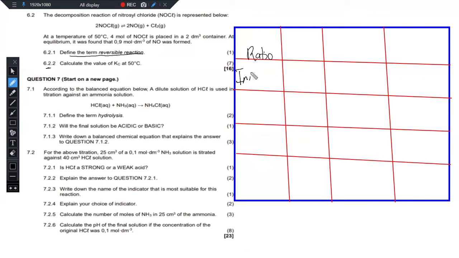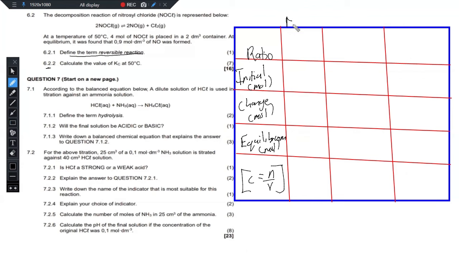So initial moles, change in moles, and then equilibrium number of moles, and then we have our concentration at equilibrium. C is equal to n over V.